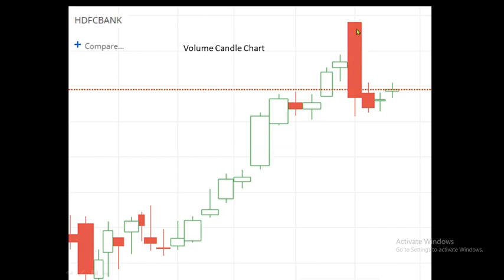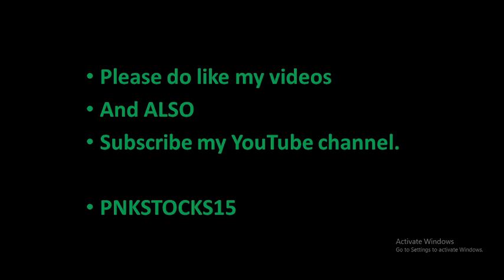Similarly, this big red candle here means a lot of sell positions happened, hence it is red. This is again a little tough to understand, and tough to even make strategies on. Very few traders use this, but of late I have seen a few strategies on this as well.